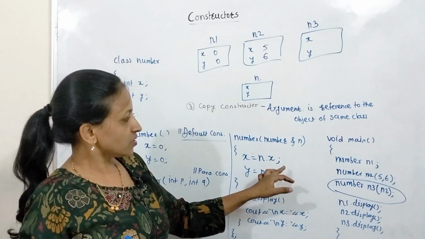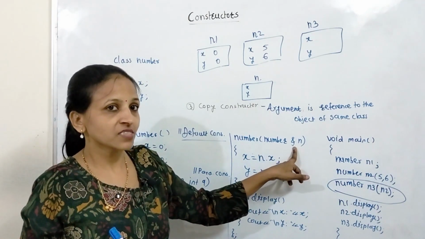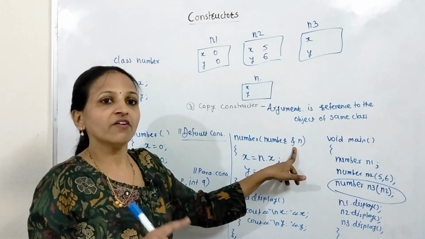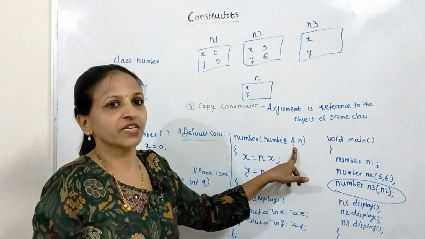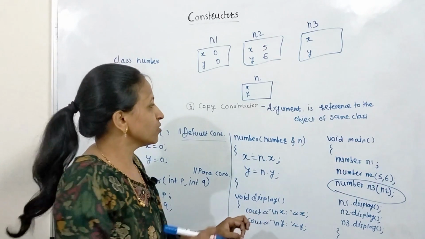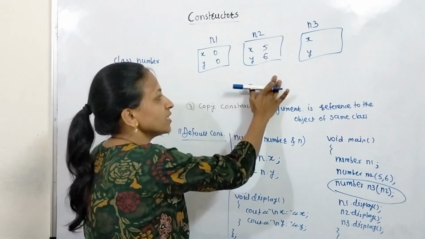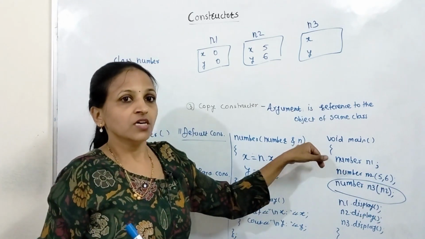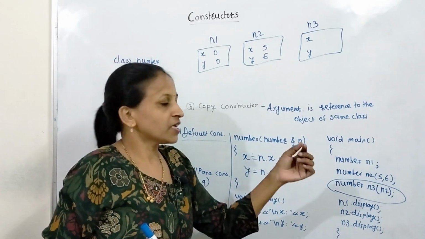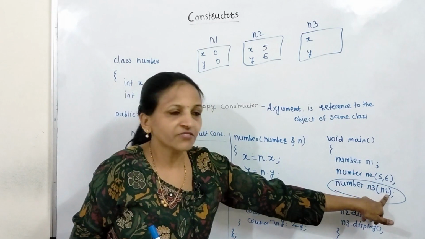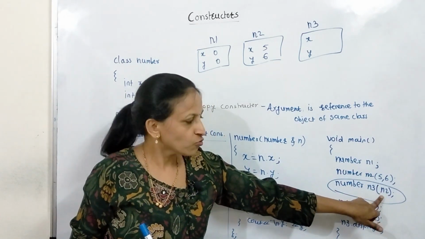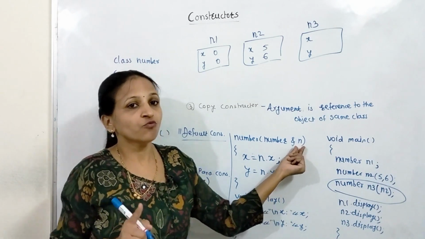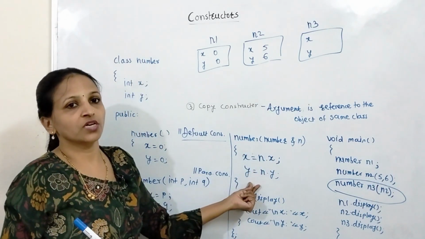But here, see, I have used the reference variable concept. Means here I have used call by reference using reference variable. We know that whenever we use that approach, a new variable will not be created here. Reference variable is nothing but a new name given to an already defined variable. Now here I am passing n2, and the name n will be given to that n2 for this function only.